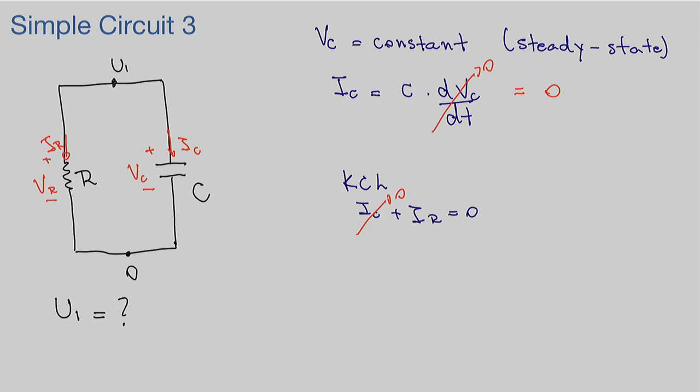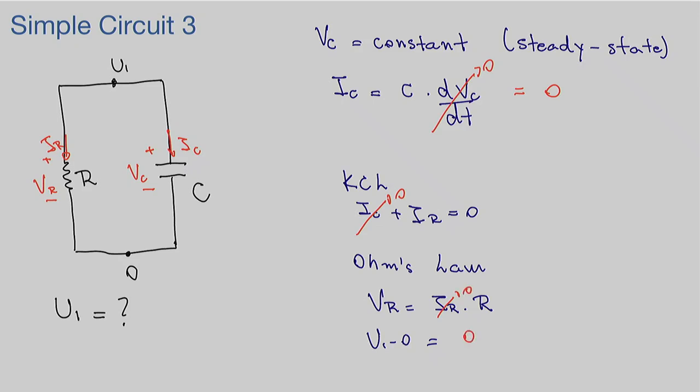Ohm's law would give me that VR, the voltage across the resistor, is equal to IR times R. But VR can also be written as U1 minus 0, which is going to be equal to 0, because the current is 0.